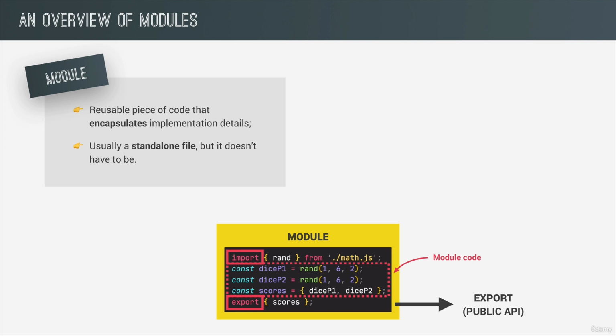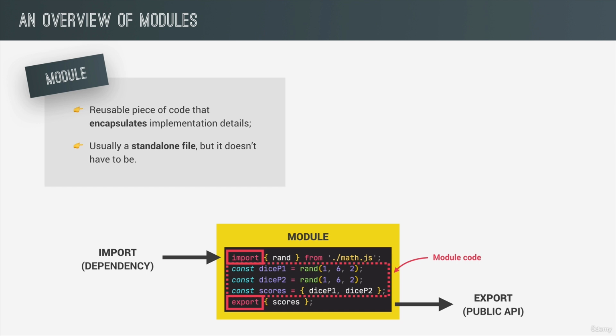So this is just like classes, where we can also expose a public API for other code to consume. Now, in the case of modules, this public API is actually consumed by importing values into a module.